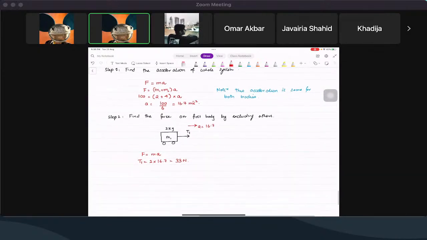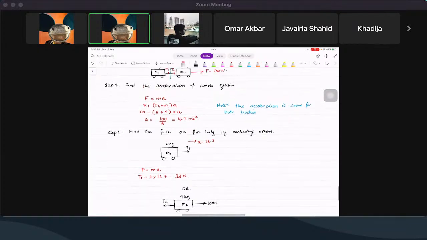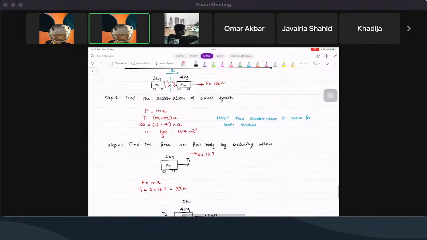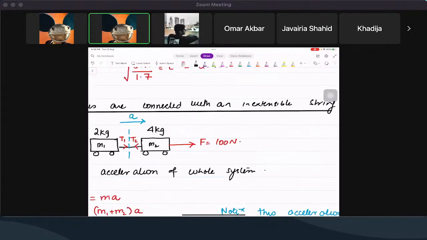Now I can also find it with respect to the other body. If you take the other body, M2, which was 4 kg, it has one force on this side, which was 100 newtons, and one force on this side, which was T2. You can check out the diagram. Is it clear? Yes.